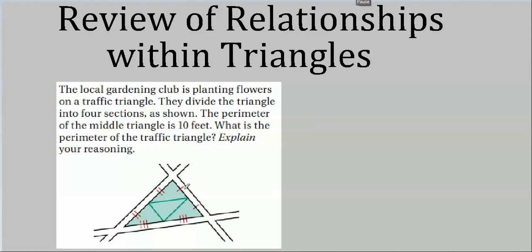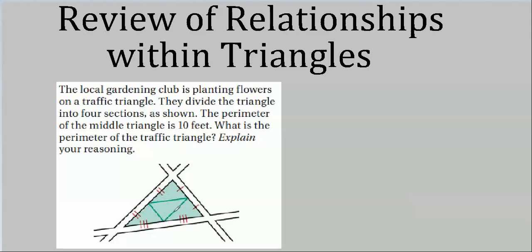We also learned that our mid-segment is half the length of the side it is parallel to. Hope that didn't sound confusing. All that means is, for instance, this mid-segment here is half of this.